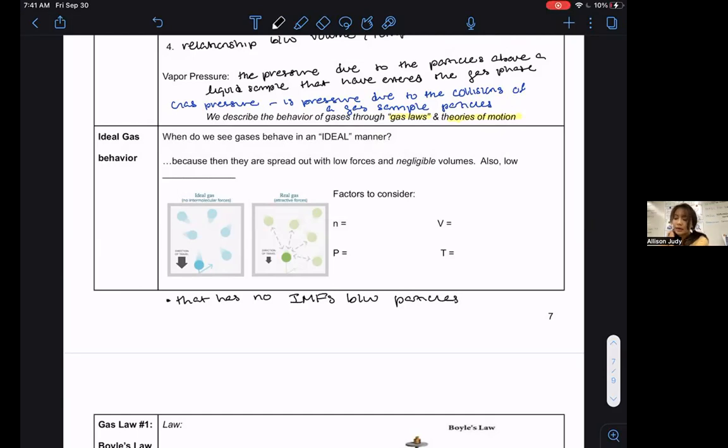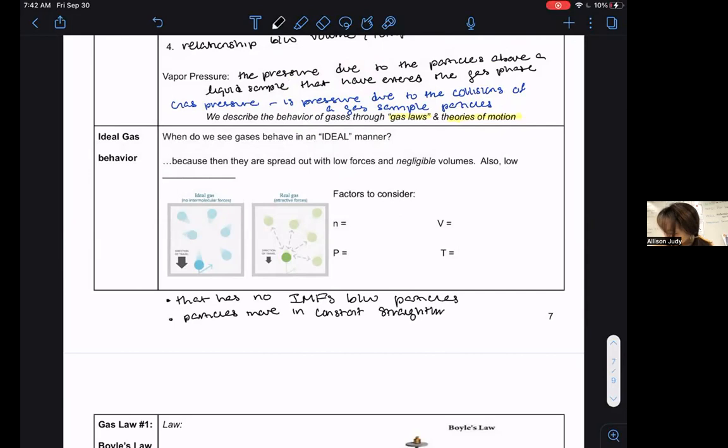It's also a gas whose particles move in constant straight line motion.